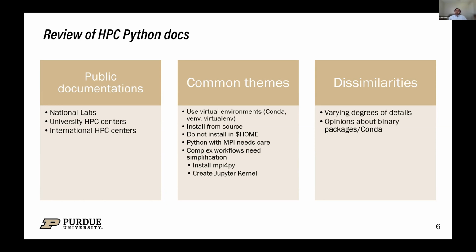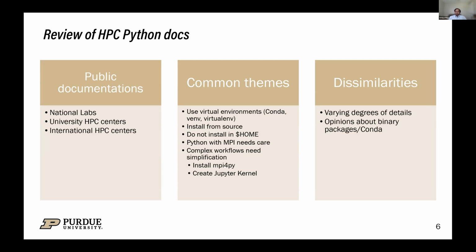So the point we noticed was that these kinds of complex workflows, like installing mpi4py or creating Jupyter kernels, can be automated, right? Or not easily, but they need to be automated at least to some extent so that it makes it easier for the users.